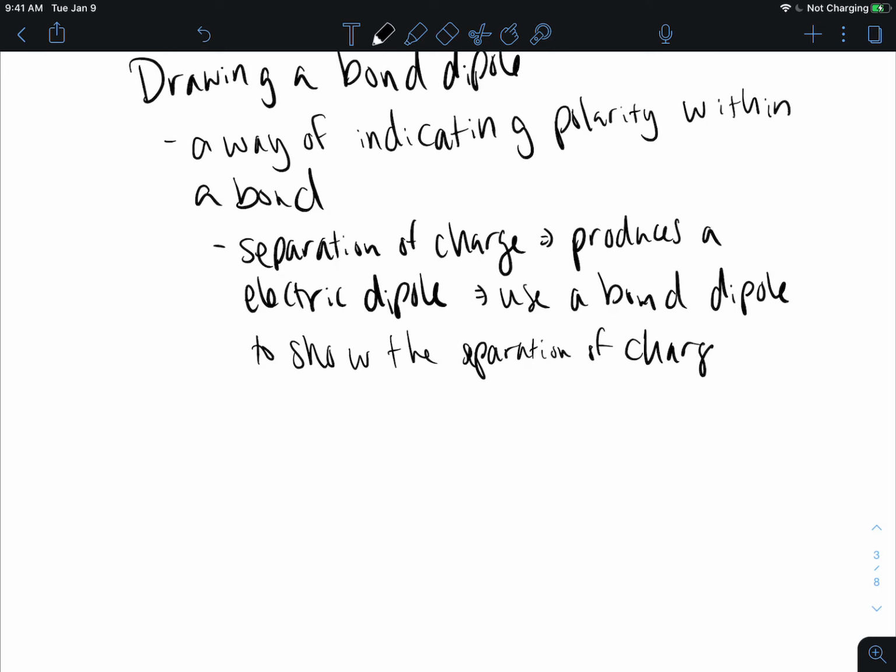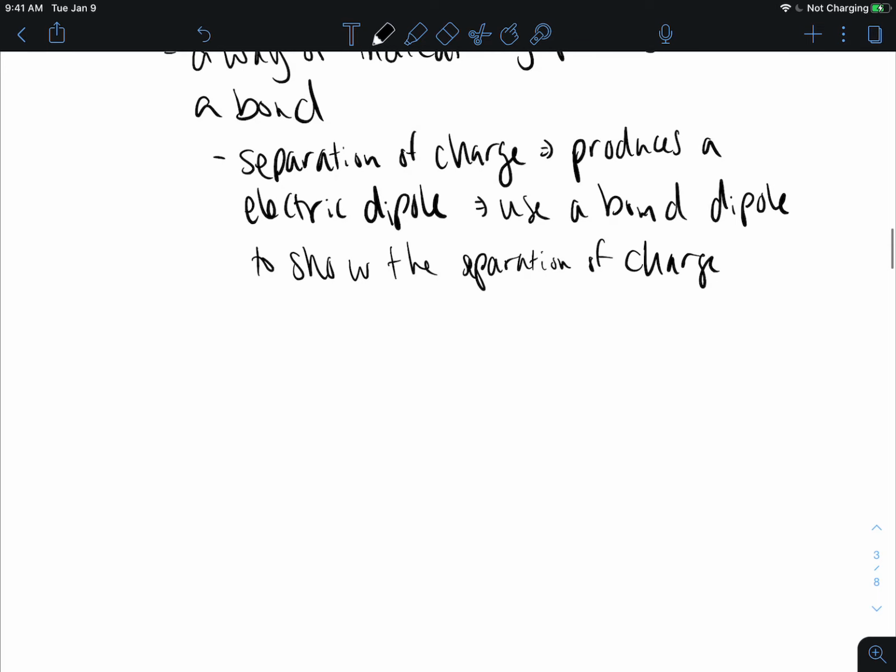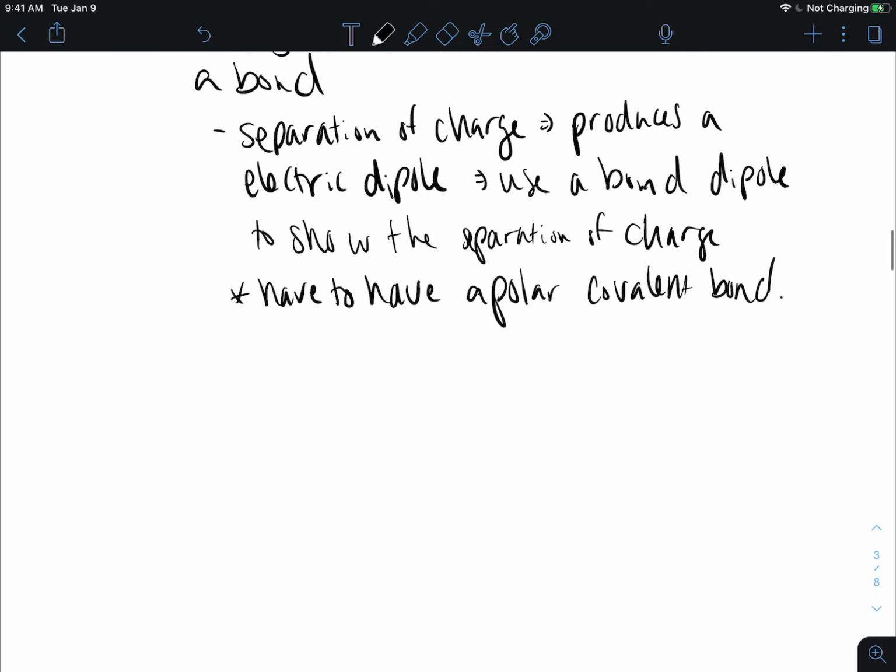So we have to have a polar bond for this to work. Okay.